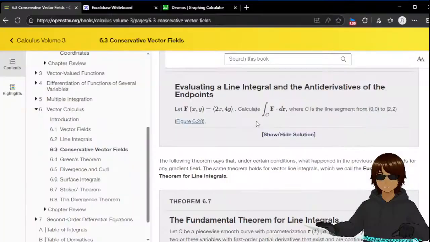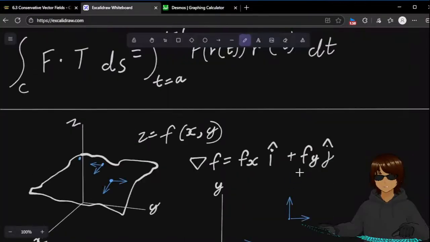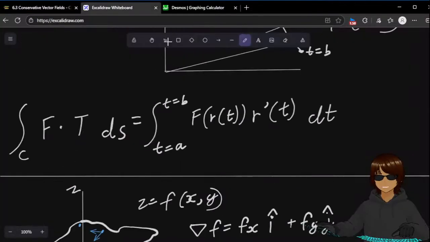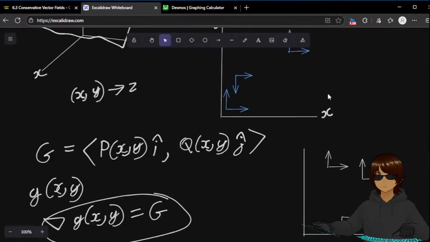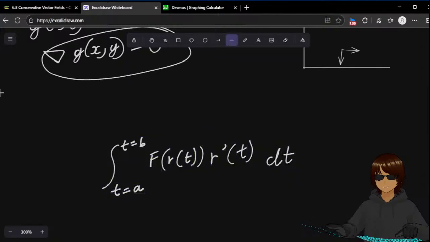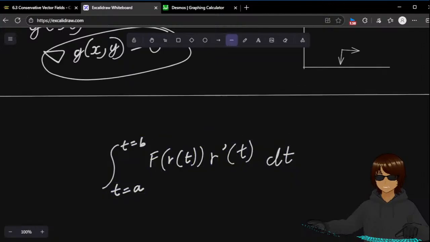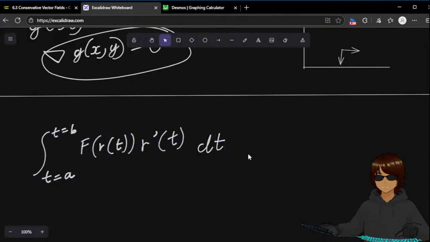So we learned about conservative vector fields, and there was a fundamental theorem. This over here is a vector line integral.